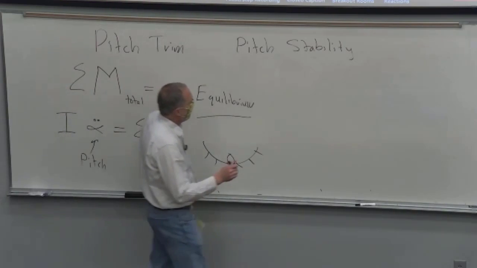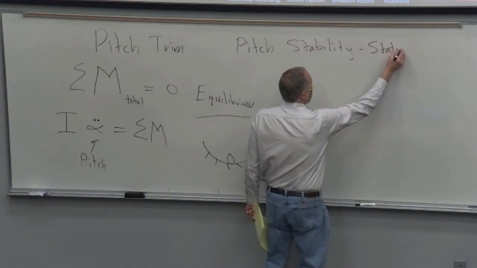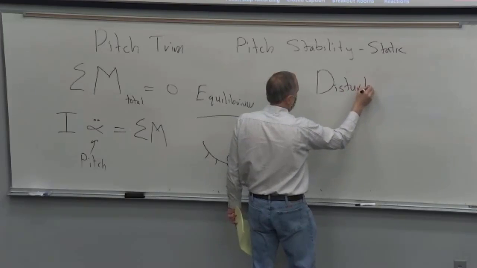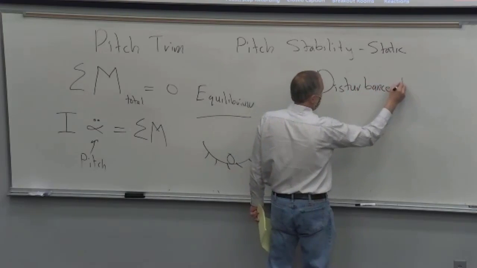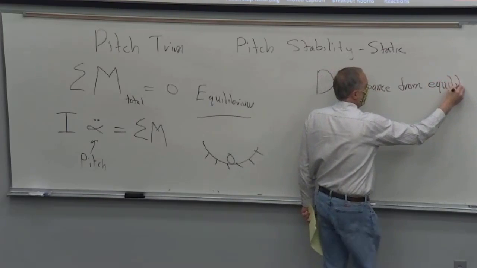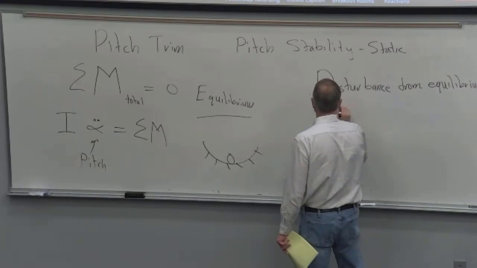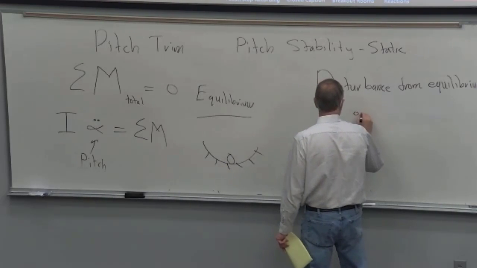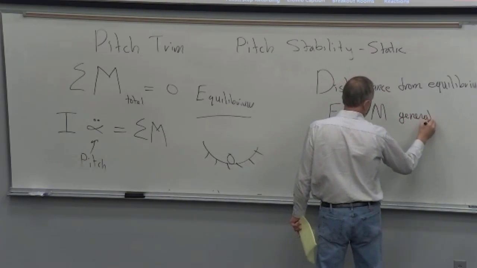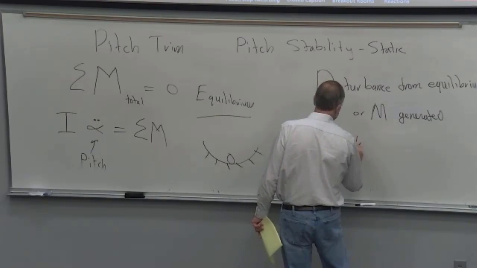And then static pitch stability is that if there's a disturbance from equilibrium, then we want a force, or in this case, a moment, to be generated back toward equilibrium.